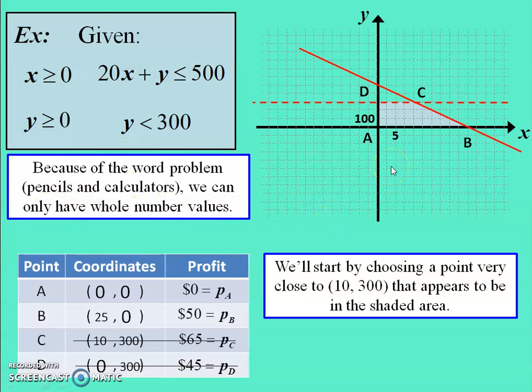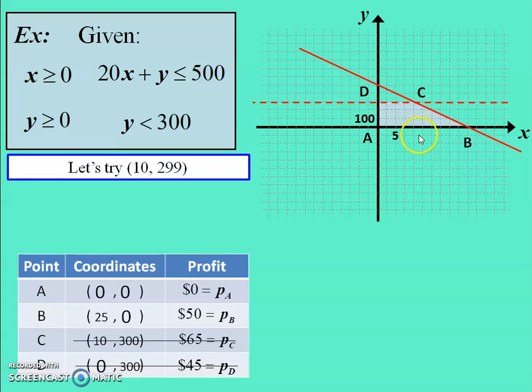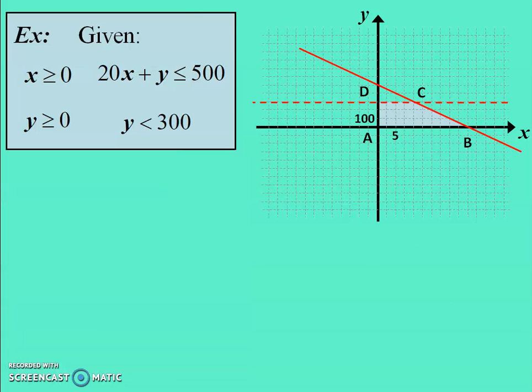So some points that are close to 10, 300 could be, let's say, 10 and 299, because we know that we have to have a y value that is strictly less than 300. So we could pick something just a little bit below that point. So still have 10, but have 299 pencils instead of 300. It satisfies that constraint. It still satisfies the other constraints.